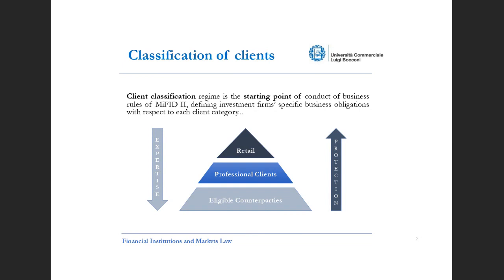And the level of expertise grows from the retail client to eligible counterparties, but the level of protection increases from eligible counterparties to retail clients. So the higher the expertise, the lower the level of protection, and vice versa.